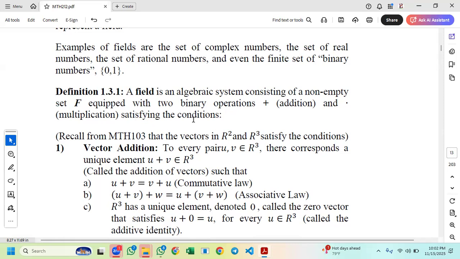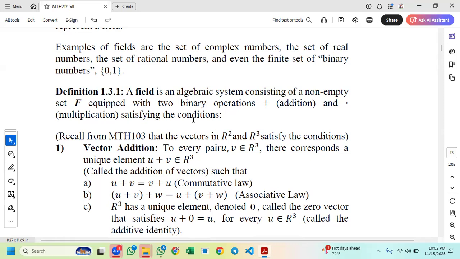So a field is an algebraic system consisting of a non-empty set, which means when we do the operation, the set we get cannot be empty; it must have values inside. We label it F. Then it is equipped with two binary operations.